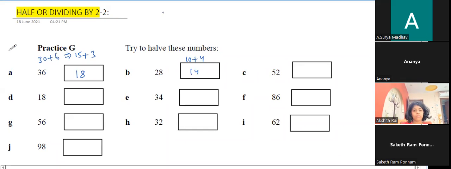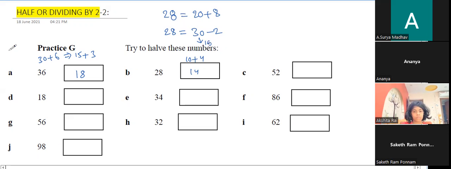28, you have written like this, right? 20 and 8. If we write it like this, half of 30, that could also be possible.